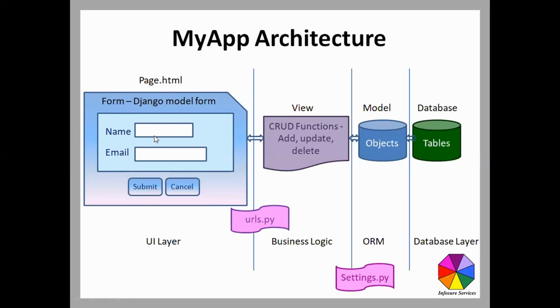Imagine this user form. Name and email are given, and he's submitting a registration to a newsletter or something like that. So these buttons, submit and cancel, are in the page, but this form can be created in a special manner. Why a special manner? Because typically you would create an HTML form with a form tag and put some text labels, and each of that can be pure HTML.